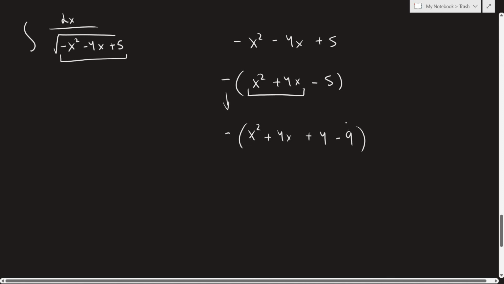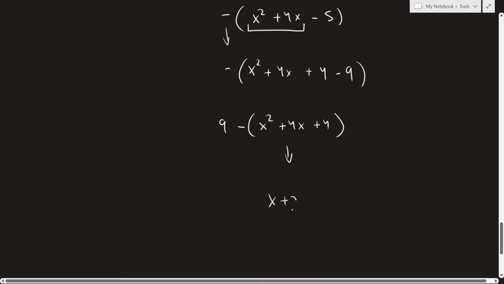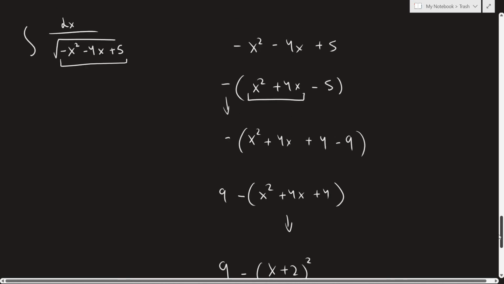Okay, now we need to take 9 outside, the negative 9 outside. And in order to take it outside, we multiply negative by the negative here. So it's going to be 9 minus x squared plus 4x plus 4. Okay, and then we factor the x squared plus 4x plus 4. So this will be x plus 2 on the calculator, squared. 9 minus x plus 2 squared.